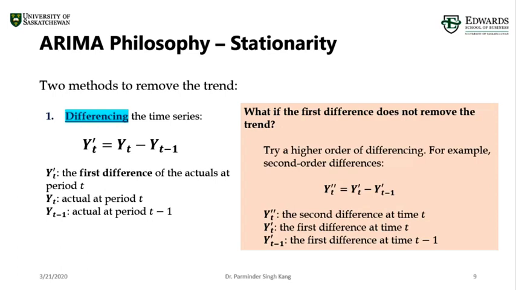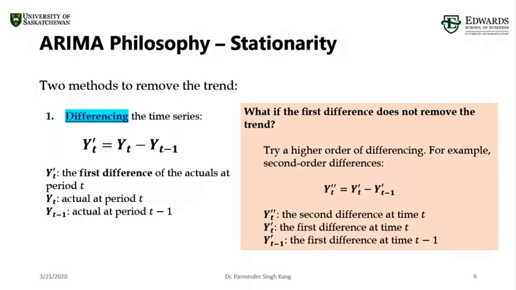If the first difference doesn't remove the trend, then we're going to go further and take the second difference, and it goes on, right? We're going to take the higher order differencing in order to remove any trend from the time series. Well, usually you will see that most time series in real life need either the first difference or the second difference, which removes the overall trend from the time series.